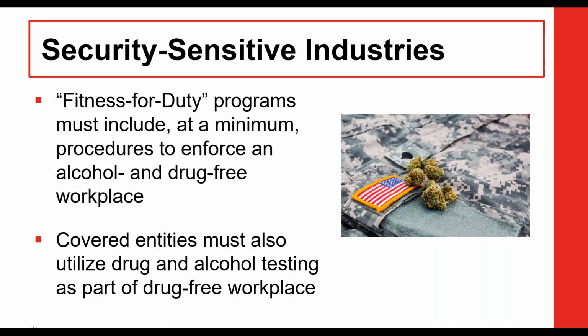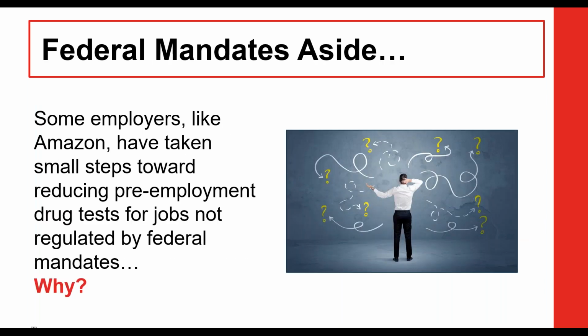Follow-up testing, so for someone who's already been tested under circumstances, as well as randomized testing, where employees do need to be selected at random, but the selection process does need to ensure that no protected classes are being disproportionately identified for testing. So if you're subject to these nuclear regulations, there are specific drug testing requirements in place that would supersede any differing state laws.